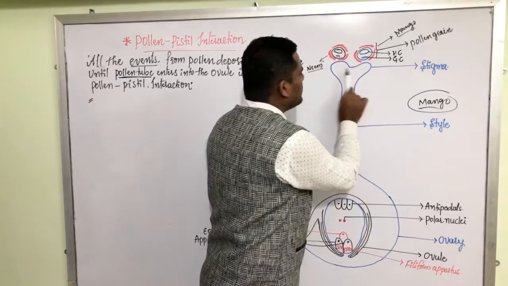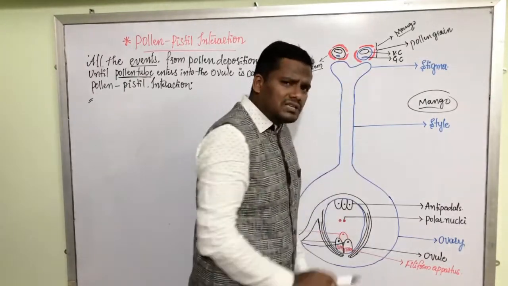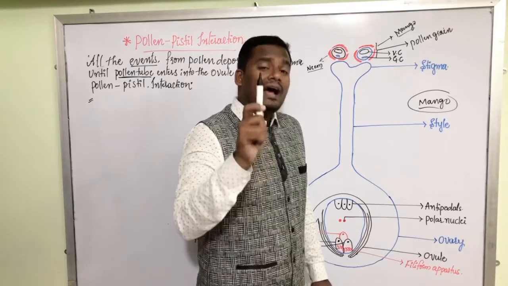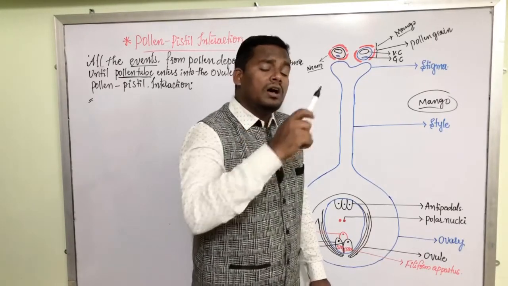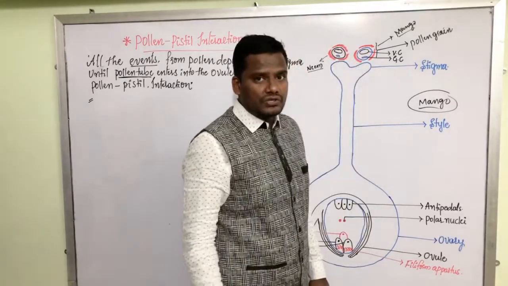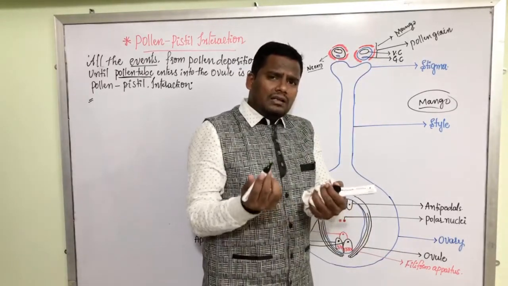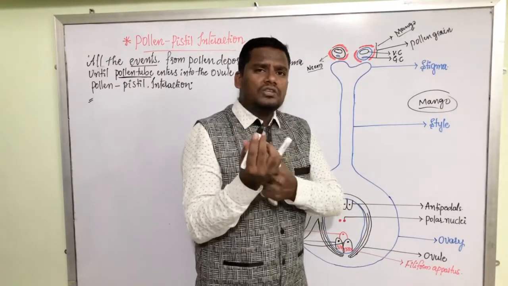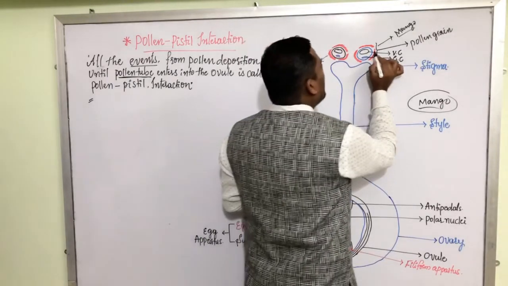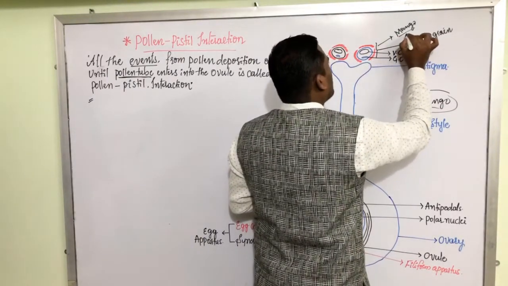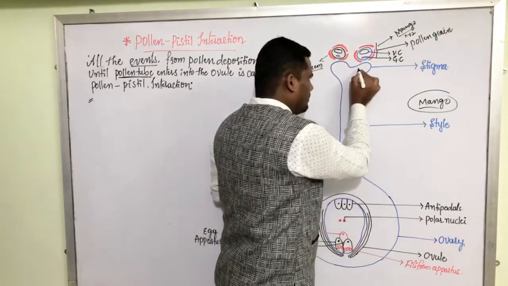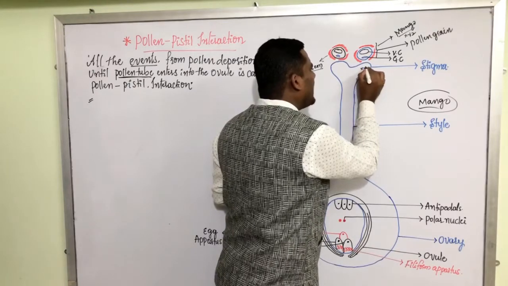This entire thing is the stigma. Stigma has a capacity to select the right type of pollen grain and to reject the wrong type of pollen grain by matching their chemicals. Just now I told you that each and every plant consists of specific chemicals. That means mango pollen grain consists of, for example, XYZ chemical. Similarly, the stigma of the mango also consists of XYZ chemical.